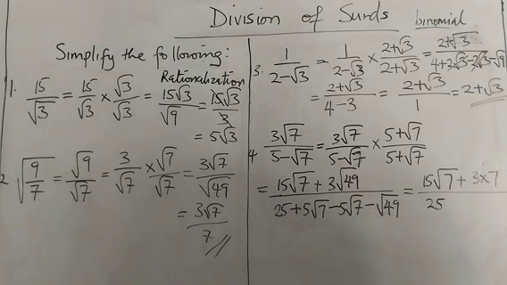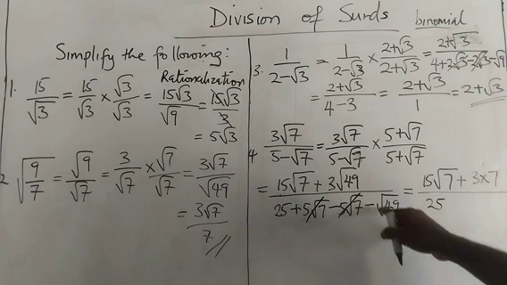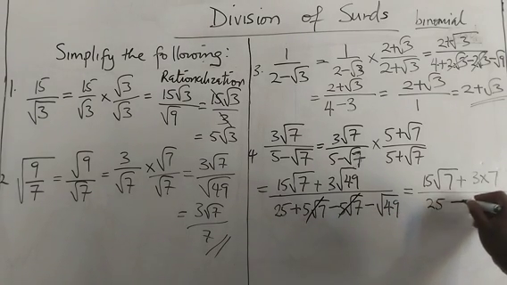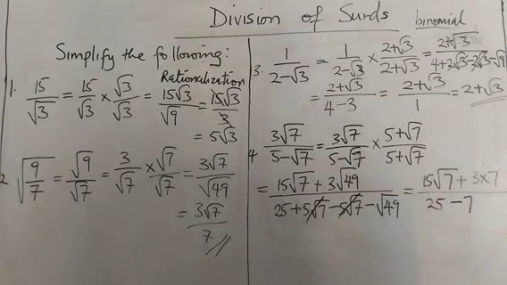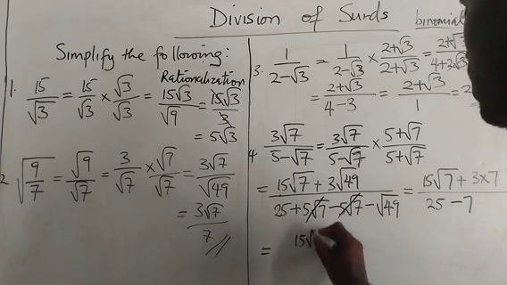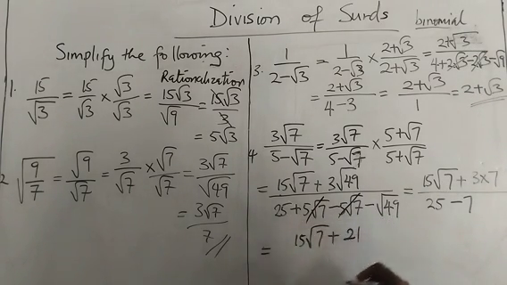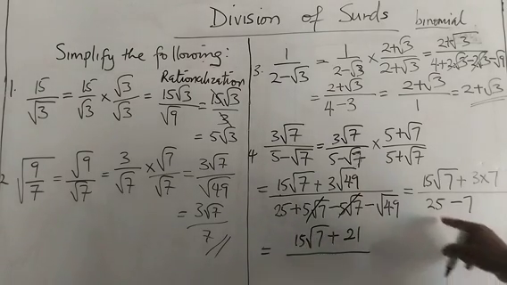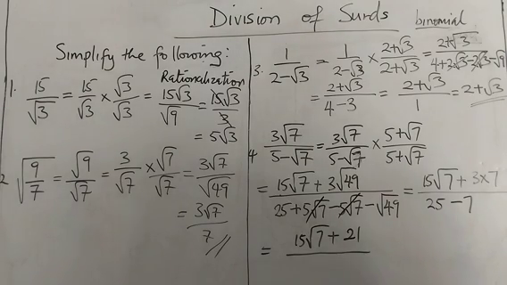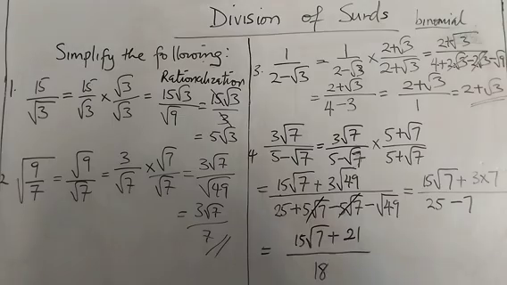This and this are equal and opposite, so they will cancel out. Root 49 will give us 7. Going further, we'll have 15 root 7 plus 21 over 25 minus 7 will give us 18.